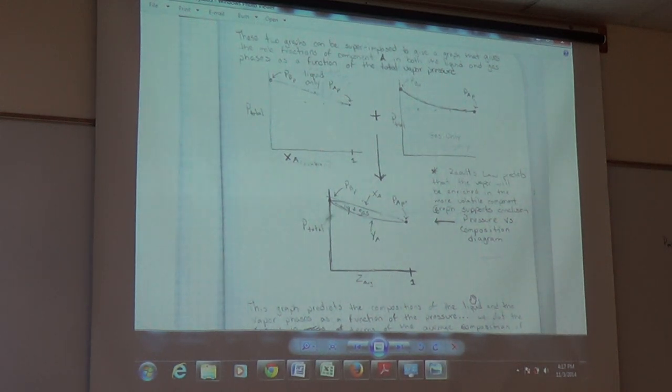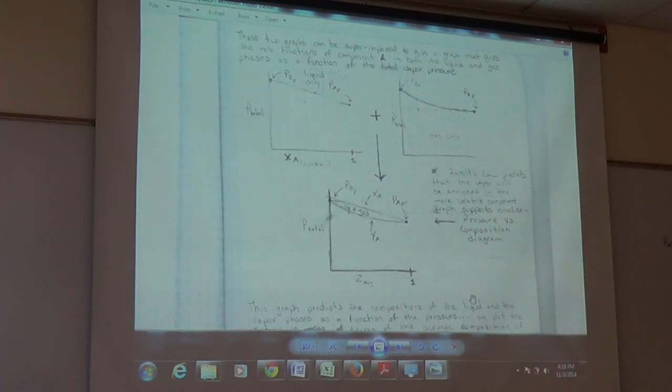If you look at the mole fractions here, the vapor above this solution moves back to this line, which indicates that the vapor has a lower mole fraction of component A than did the liquid, which inversely means that the vapor had a higher mole fraction of component B than did the liquid.